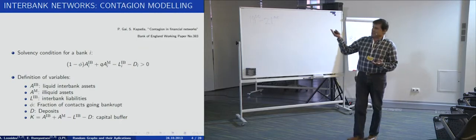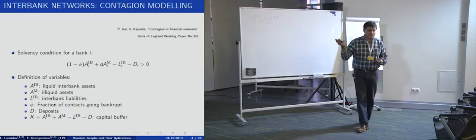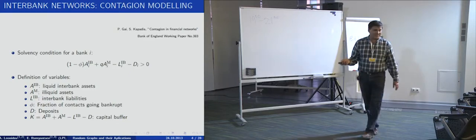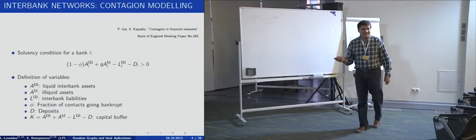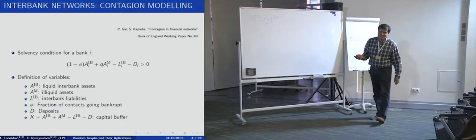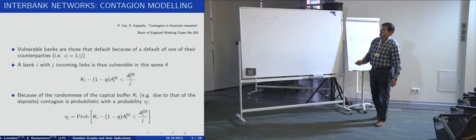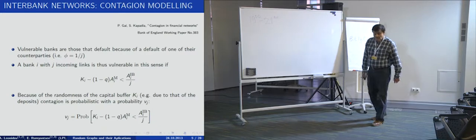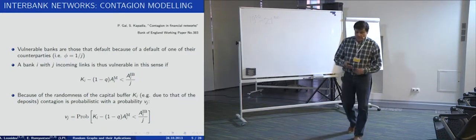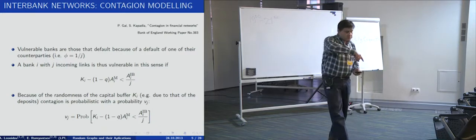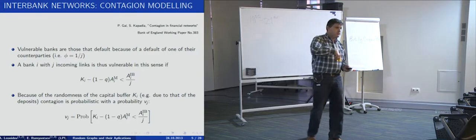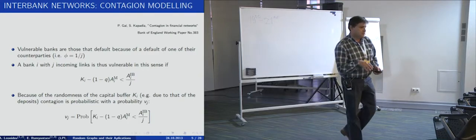Now this is only for beauty, because of course they put Q to 1 in any real calculation that they are doing. Okay, and then they make a very simple assumption that the risks are uniformly distributed over the incoming links.